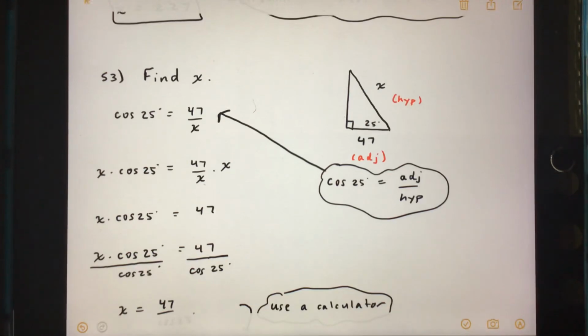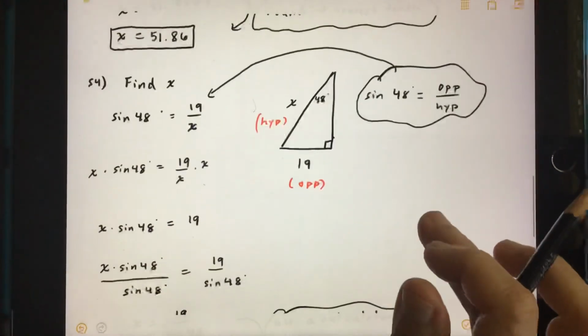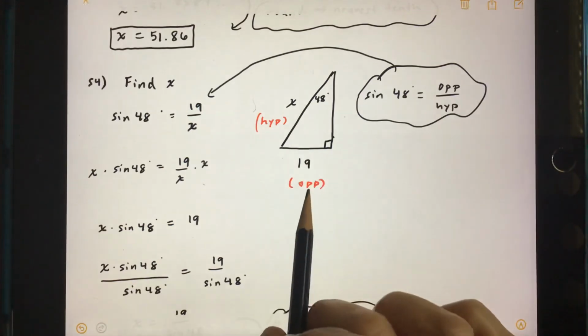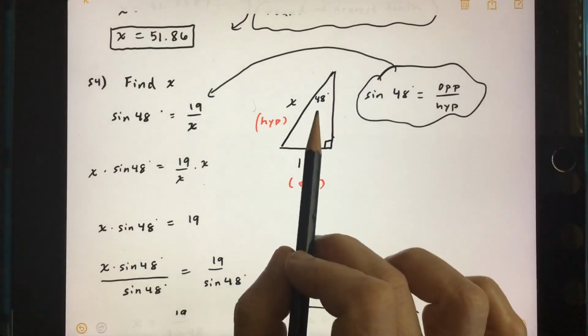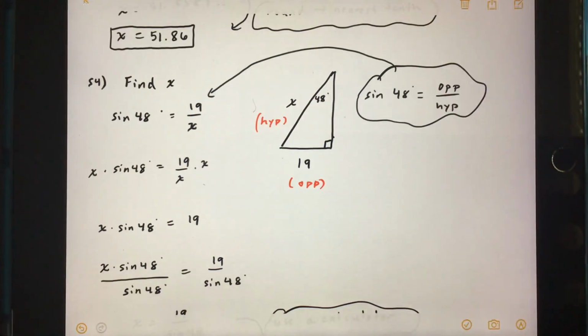And we recall that adjacent over hypotenuse, that ratio is a cosine ratio. And finally, on this last sample 4 problem, we used sine because we had labels on the hypotenuse and the opposite side of the given angle, 48 degrees here, and we recall that opposite over hypotenuse is our sine ratio. So we're going to use the trig function based on the information that we are supplied and can work with.